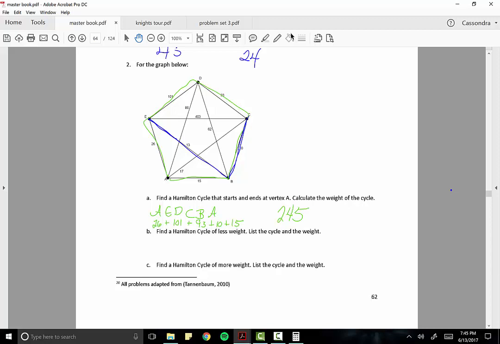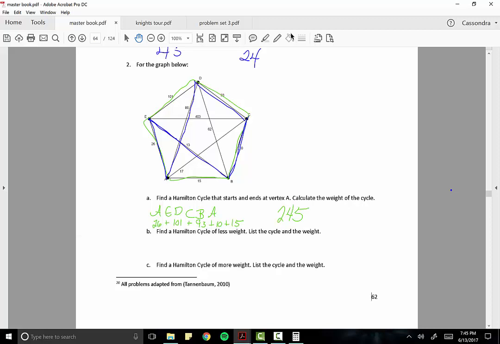Out of the choices that I have, 101, 403, or 26, I am going to take 26. And I have no choice but to now go up to D, and then back to C. I don't know if that was any less weight or not. But we'll find out.